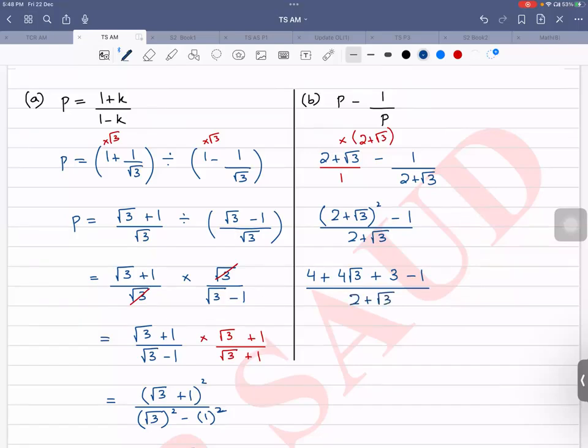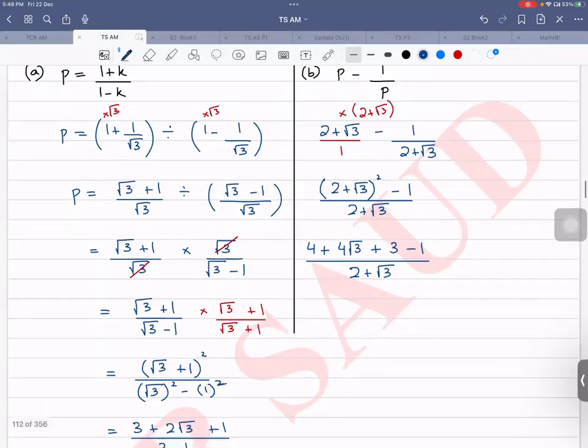Can you tell me your simplified numerator? The simplified numerator is 6 plus 4 square root 3.